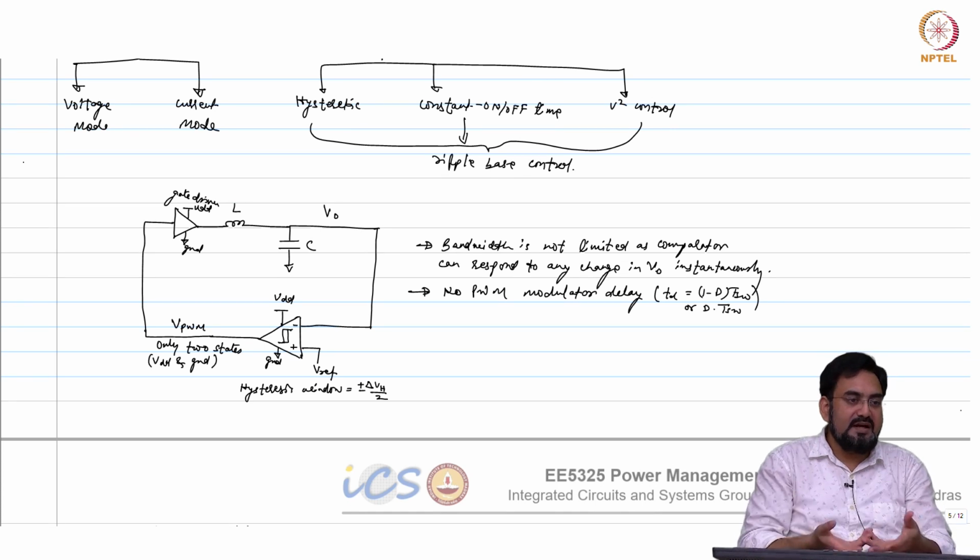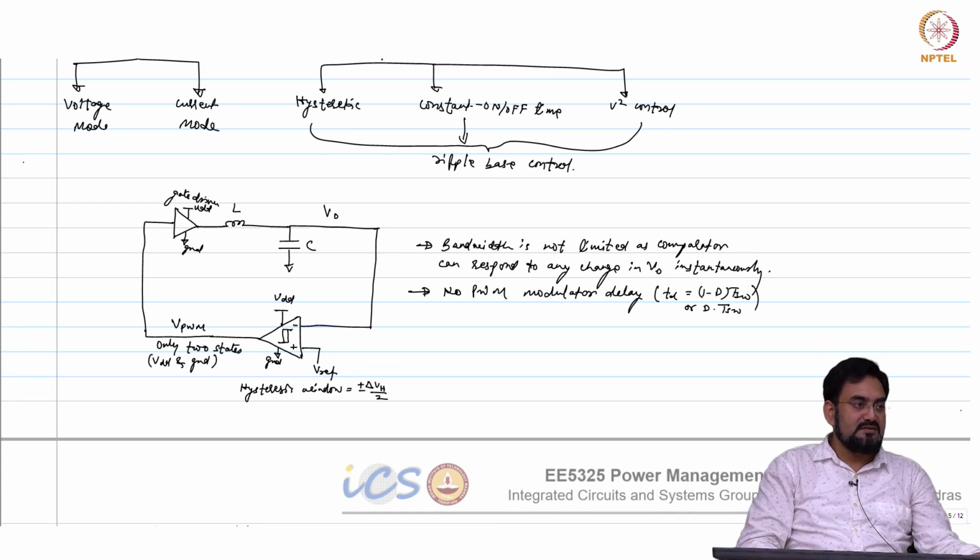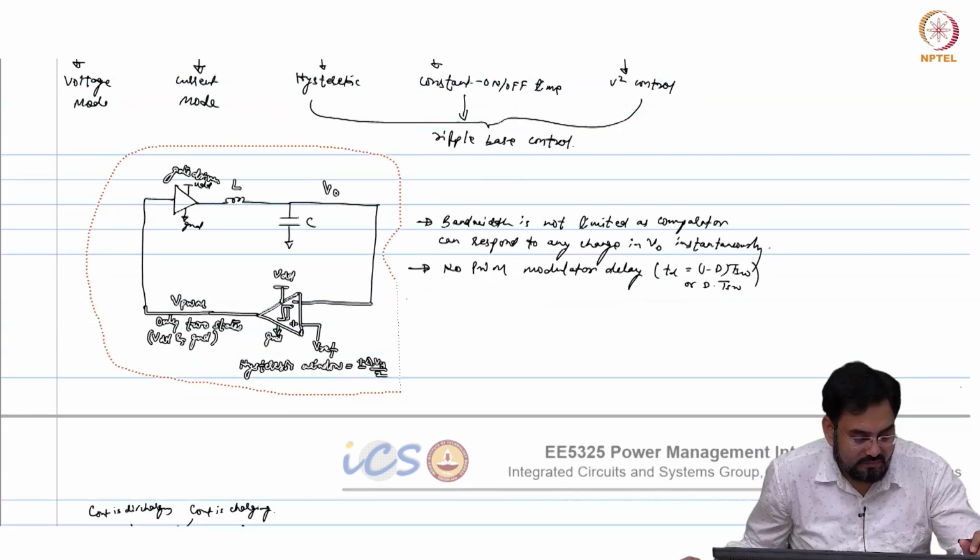I cannot add another 90 degree there. I have to get rid of that additional 90 degree actually. Correct. So how can we reduce that phase shift?